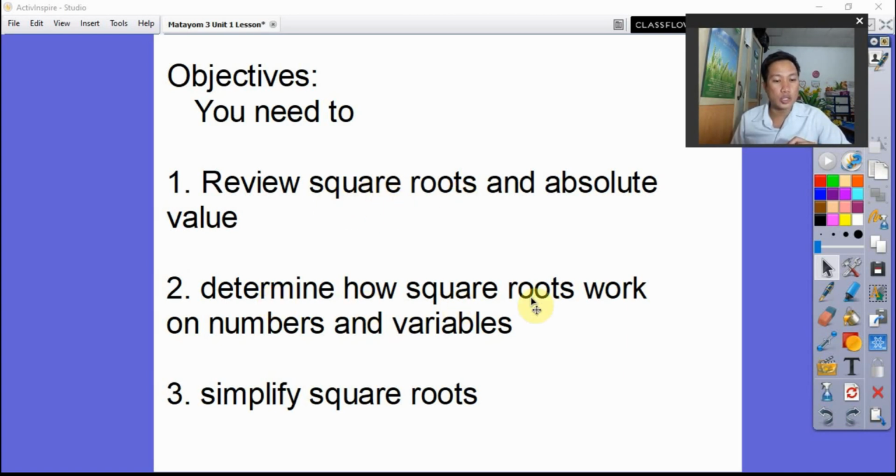Determine how square roots work on numbers and variables. Of course, you learned already the basic ones, so we're just going to study it again. And for the variable part, you need a special concept so that you will arrive at the correct answer when you work with variables. And lastly, you will simplify square roots.